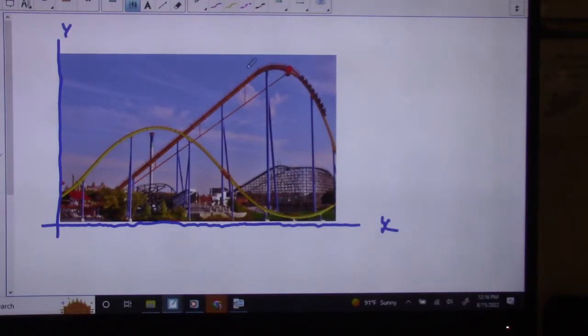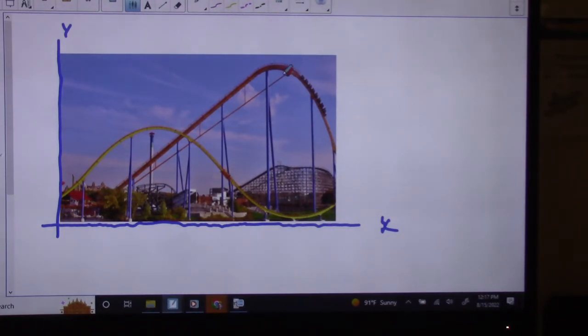Okay, what we're trying to find is the slope right at that point. Does that look like it's about right? Pretty close. But what we do in calculus is we find exactly what that is.